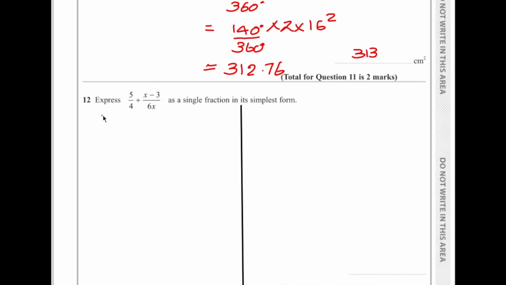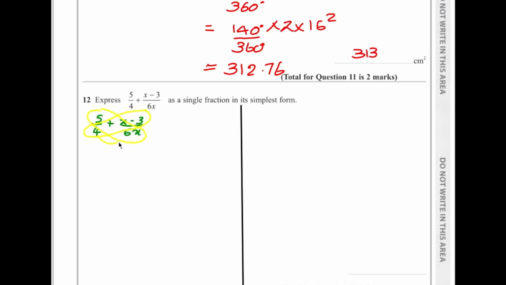I'm rewriting the sum 5 over 4 plus (x minus 3) over 6x. So simply we apply the cross multiplying like this. This one into this, 5 into 6x.